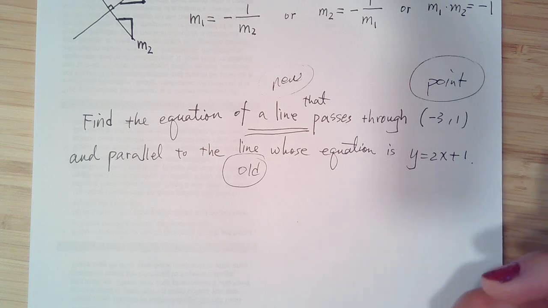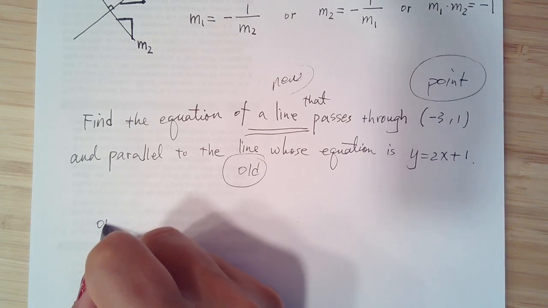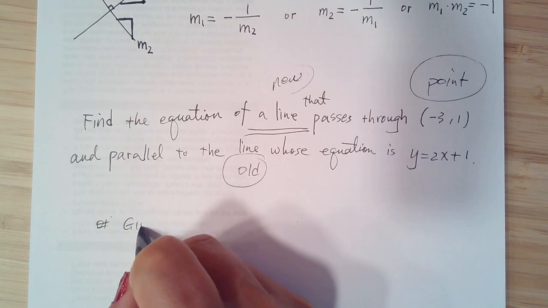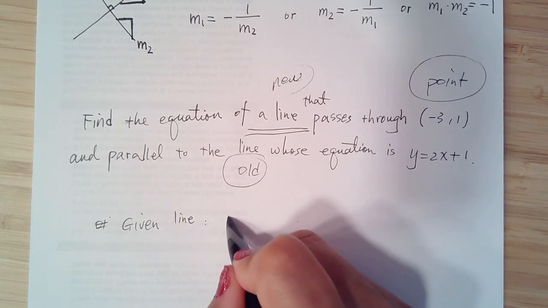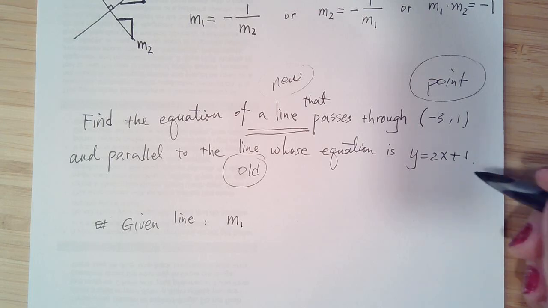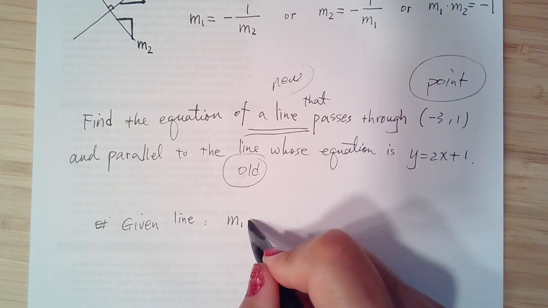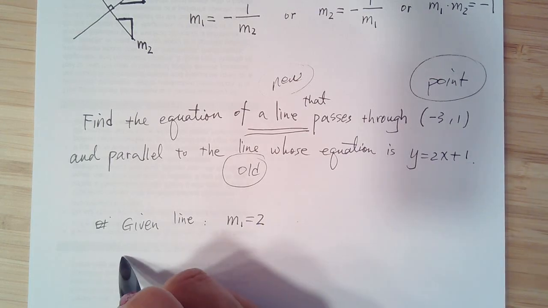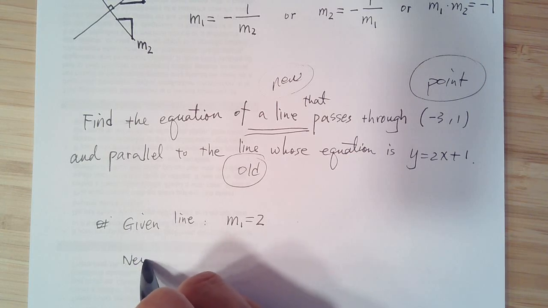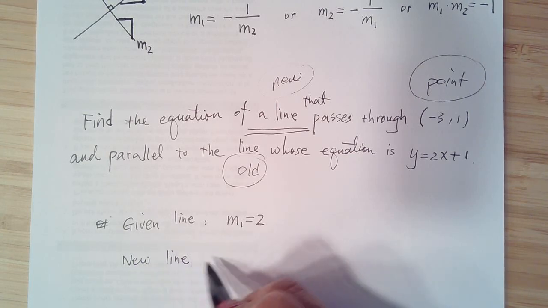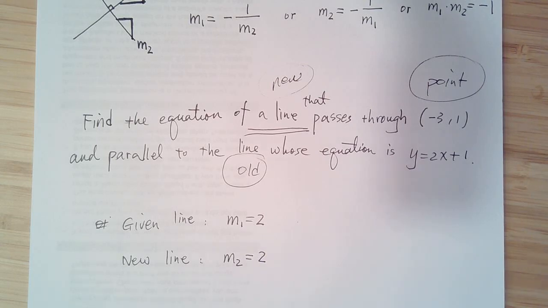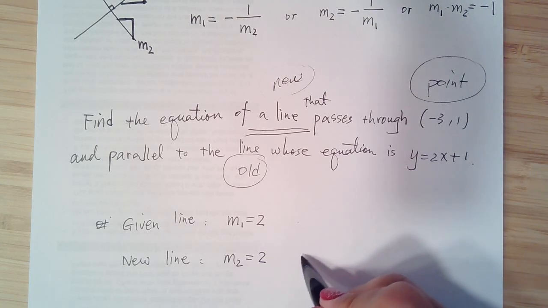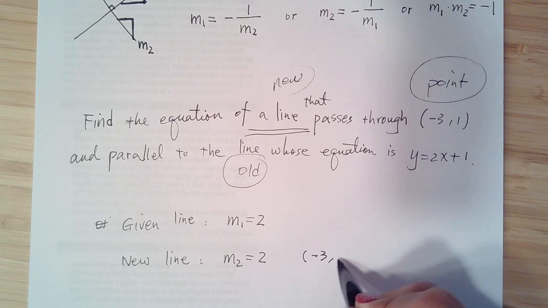That is m1, which is 2, isn't it? Therefore, the new line should also have slope 2. And for the new line, we also know a point, -3 and 1.